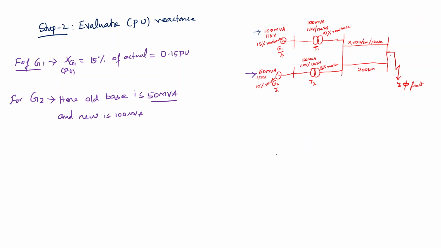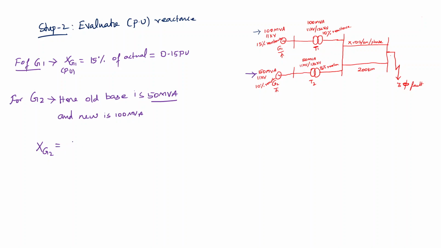So what is the formula? In the first module we have covered this. Tell me, what is the formula to change the base? I want to find the reactance at generator 2.